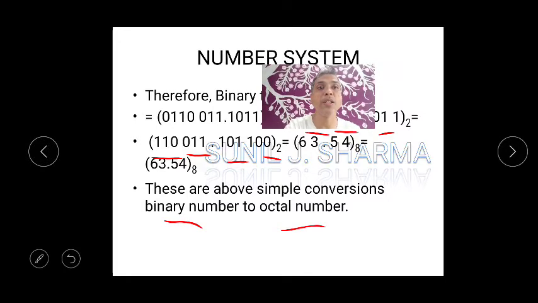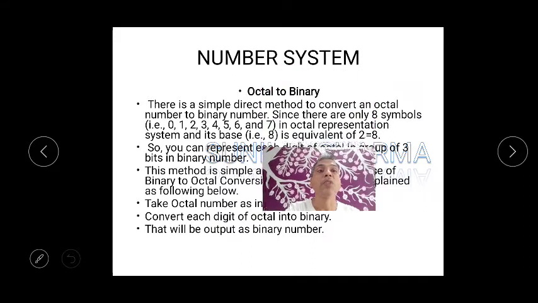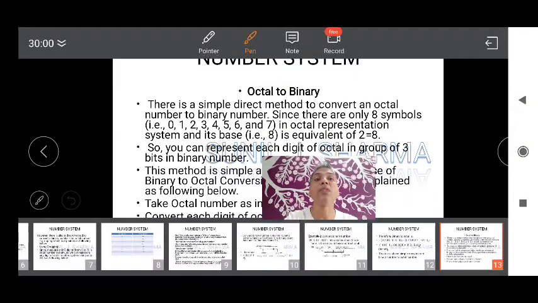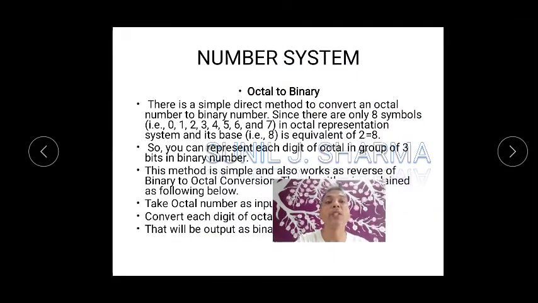Whatever your number is, first try to make a group. Binary should be changed by making groups of 3, and then you can write their octal numbers. Now we are going the opposite way, that is octal to binary. There is a simple direct conversion of octal to binary.